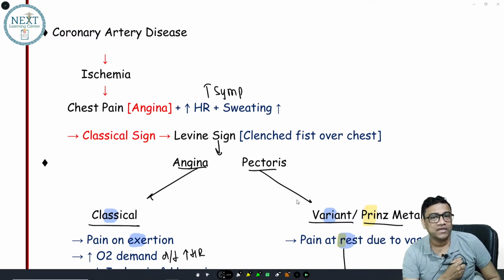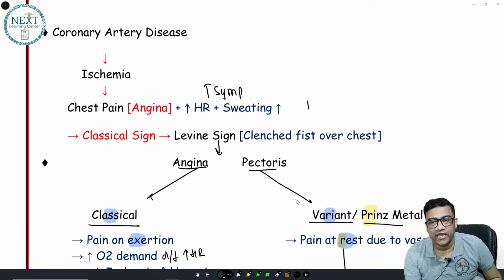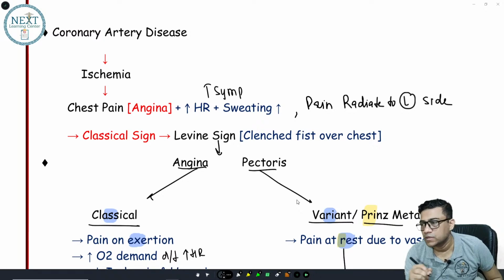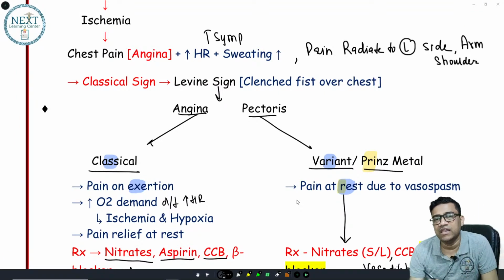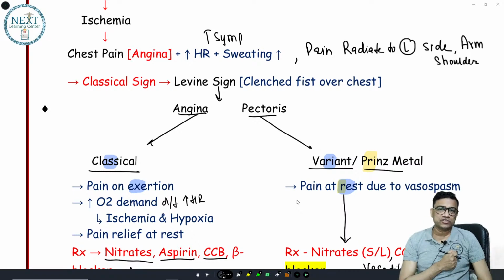Pain radiates to the left side, arm, shoulder. The classical sign is our Levine sign. What is Levine sign for? Angina pectoris. There's a clenched fist over the chest.